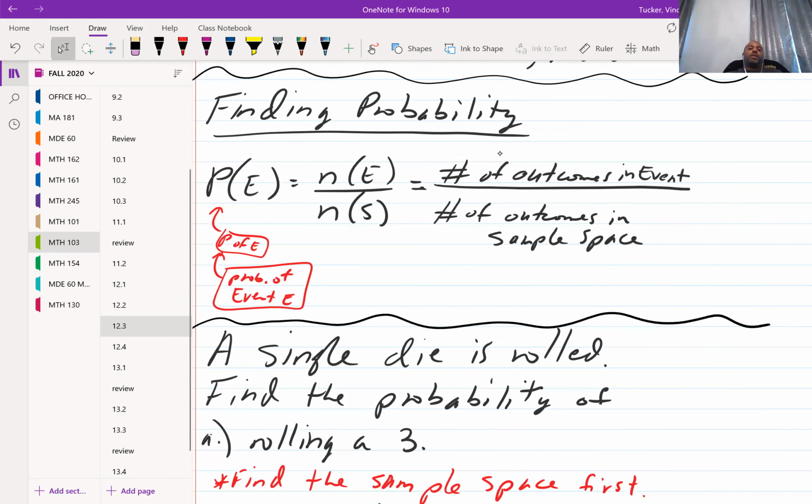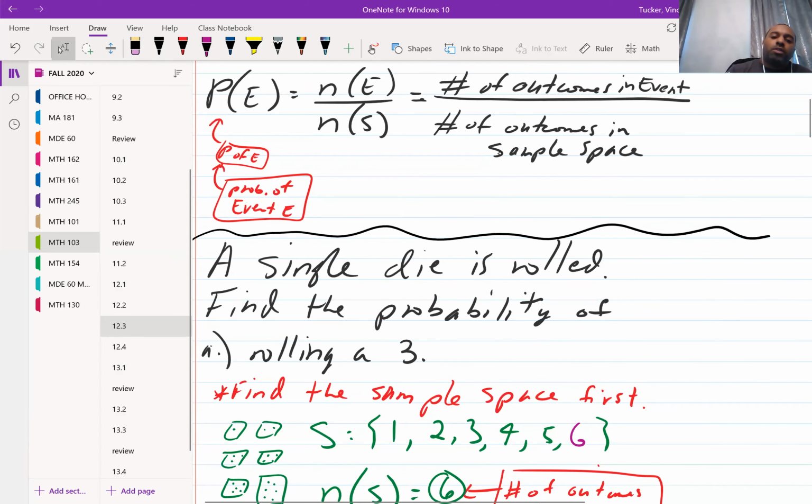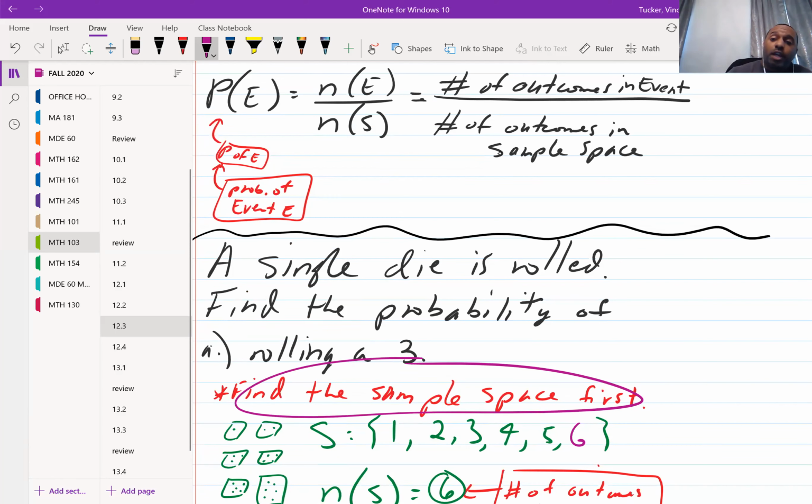So first exercise, we have a single die is rolled. Find the probability of rolling a 3. First one is the probability of rolling a 3. So notice the first thing we want to do is find the sample space first.